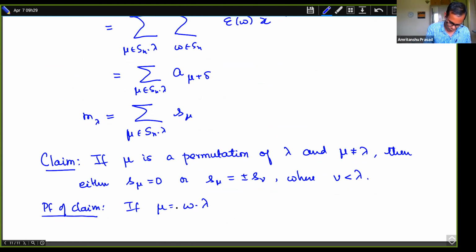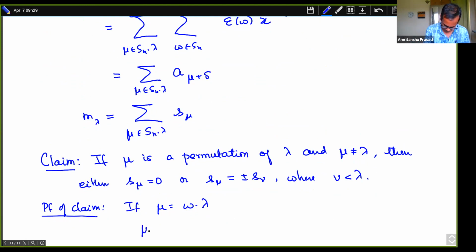So suppose mu is w times lambda, then what we want is, we are looking at some partition. So we're looking at mu plus delta, right? Suppose mu plus delta is going to be nu plus delta for some partition nu.